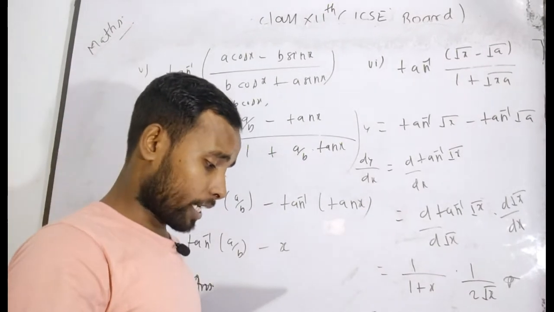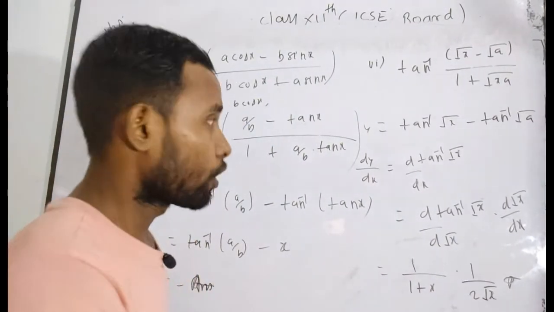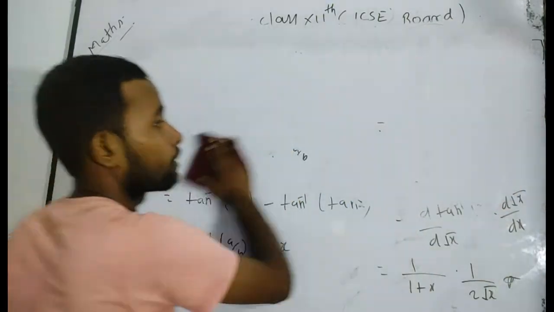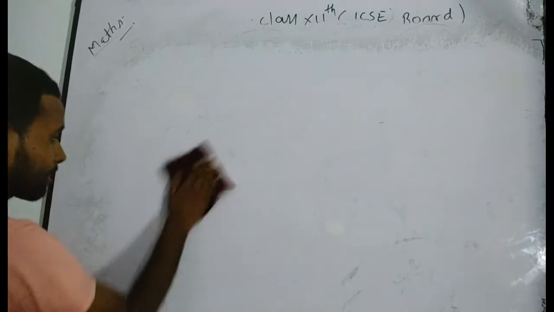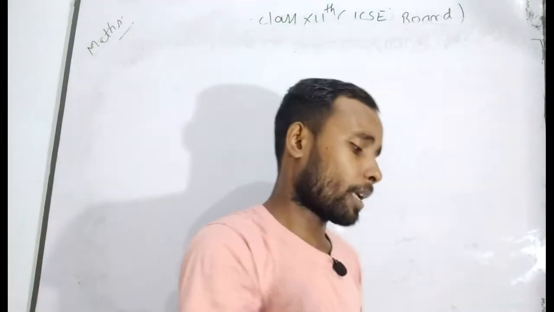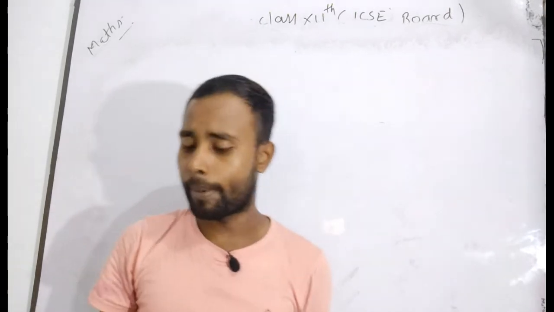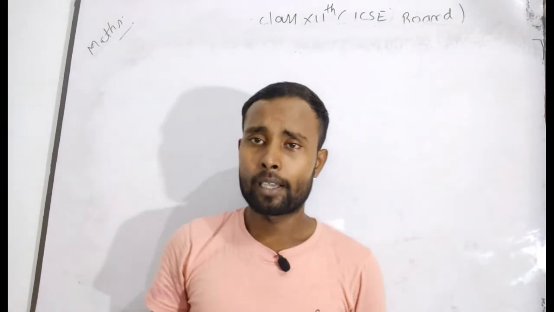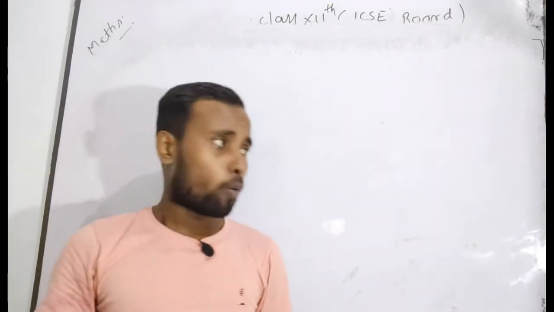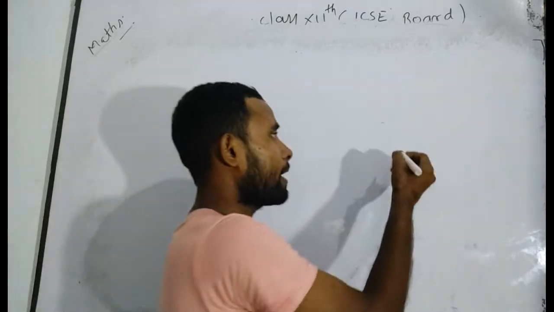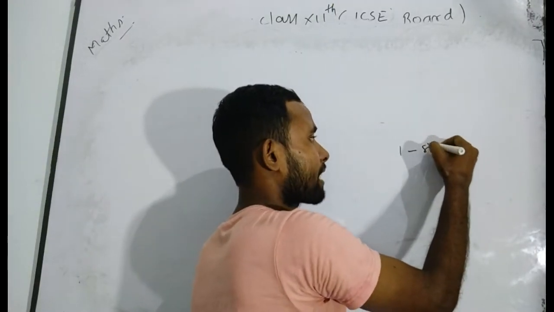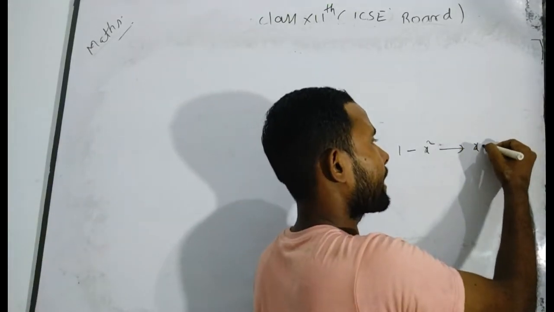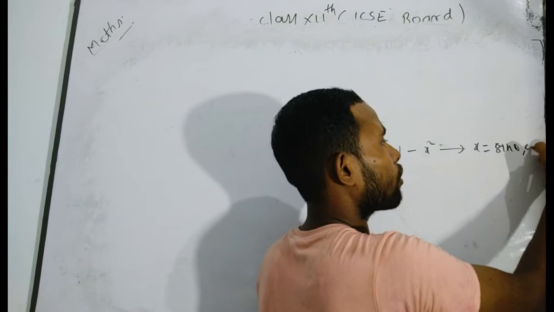Now I want to take some different kinds of problems which are completely related to the substitution method. But before starting, I think you have definitely studied the substitution process in inverse trigonometric functions. Still I want to tell you, whenever you get the 1 minus x square form, you can replace x by a sine theta or cos theta.